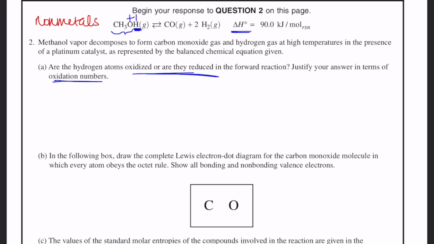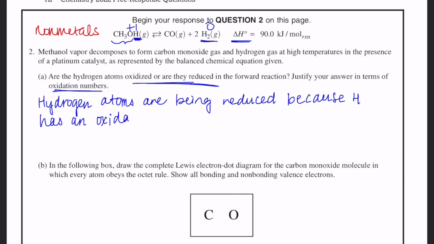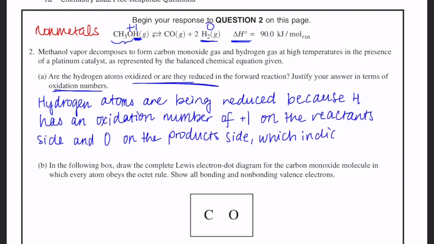When we come over to the product side, we see that hydrogen is in its simple elemental state. We have to remember that hydrogen is a diatomic gas, so this is indeed the simplest elemental state, and it has an oxidation number of 0 as per our rules. So hydrogen atoms are being reduced because H has an oxidation number of +1 on the reactants and 0 on the products, indicating a gain of electrons.